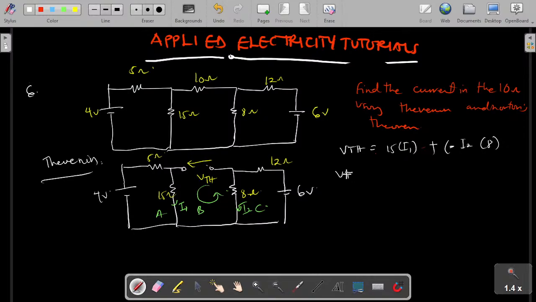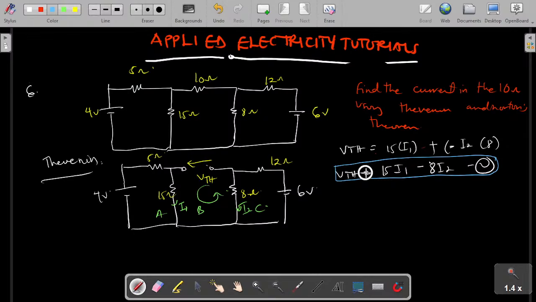So my VTH simply becomes 15 I1 minus 8 I2, my equation 1, okay? So this is my equation 1. VTH is equal to 15 I1 minus 8 I2.